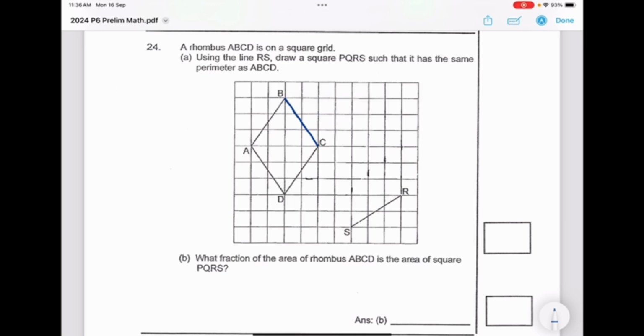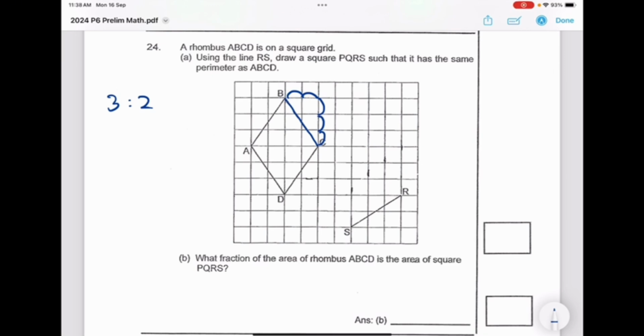So from C I have 1, 2, 3 verticals and 2 horizontals. That leads me to B. So I know that my line will always be 3:2.